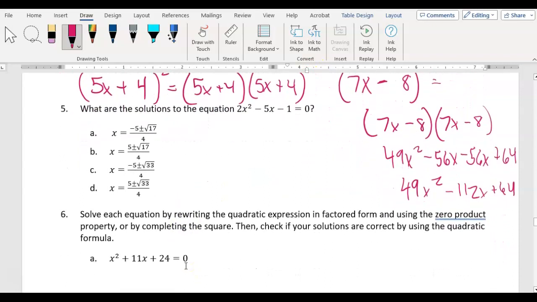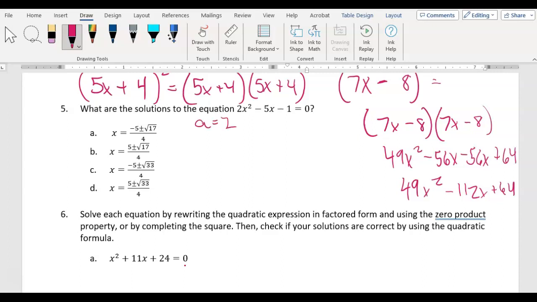All right, number 5 says, what are the solutions to the equation 2x squared minus 5x minus 1 equals 0? So it asks, what are the solutions? Which of these is true? All right. Now you can see they all have imperfect square roots, right? So we're going to look at using the quadratic formula here.